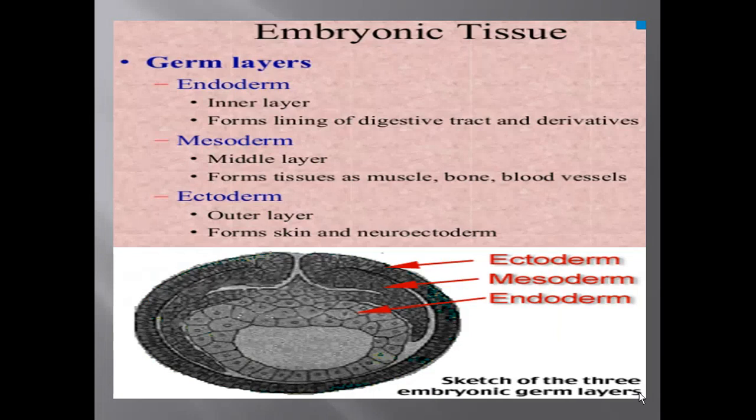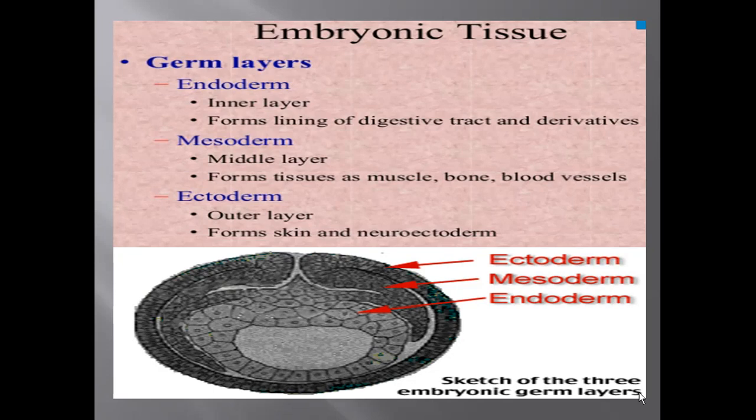So, as we know, connective tissue started from a precursor of the three primary germ layers. So I will start from center to outer, and here I have a sketch of the three embryonic germ layers.